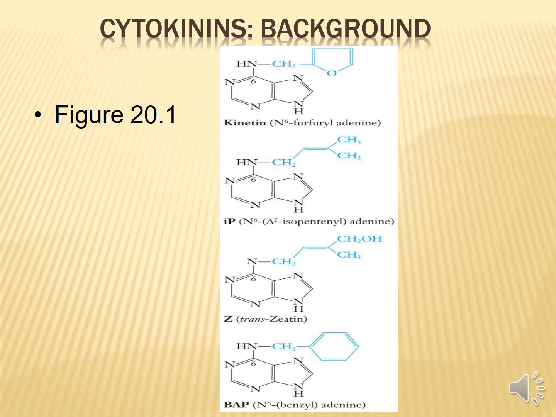If you look at the structure of kinetin and BAP, they do not have isoprenoid in their side chain, but they have the aromatic group. Because of that, we can categorize these two hormones as aromatic cytokinins. However, IP and also trans-zeatin do not have an aromatic group, but they have isoprenoid in their side chain, so we group them as isoprenoid cytokinins.